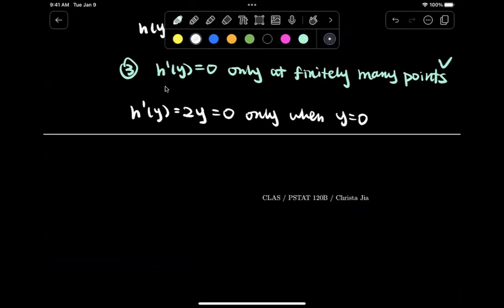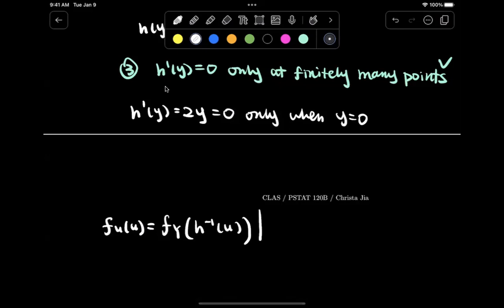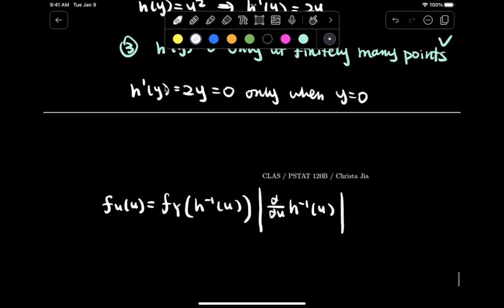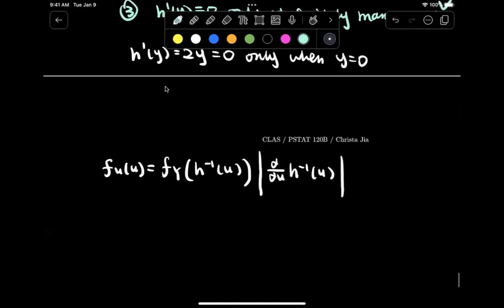And the PDF formula is f of u is equal to f of y evaluated at h inverse of u, times the absolute value of the derivative of h inverse. So our only missing piece is finding the inverse of h.